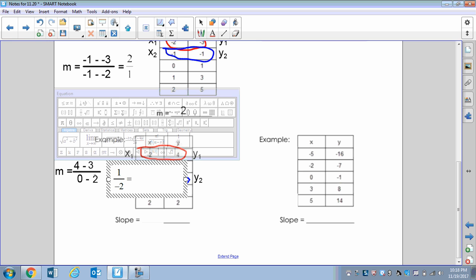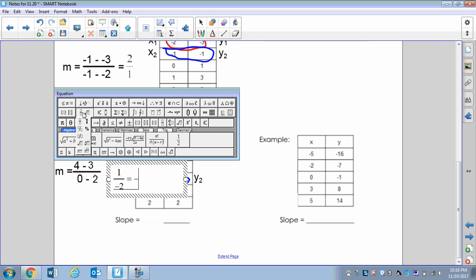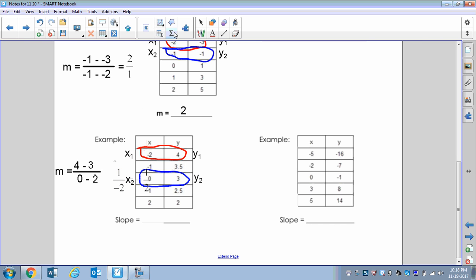And what I'm going to do is equal that out. I'm going to put the negative sign in front and do 1 divided by 2. I'll check to make sure that that simplifies correctly. But I will let you know that that definitely does simplify down correctly. So our answer will be negative 1 over 2 for the slope here.